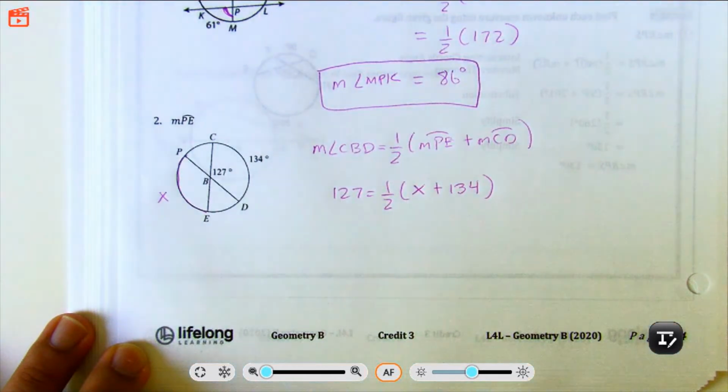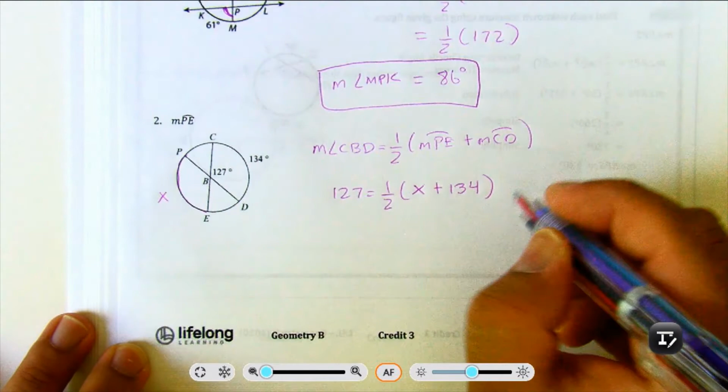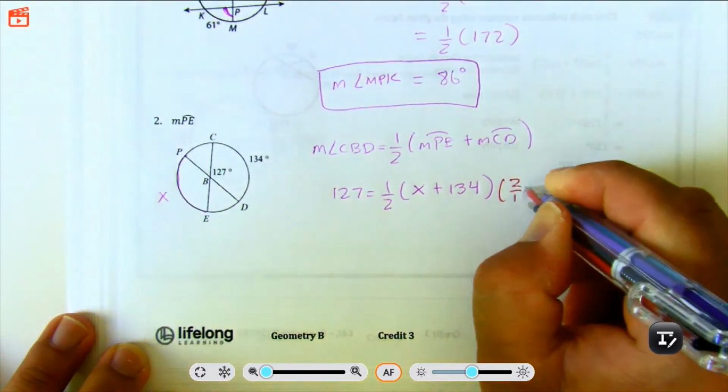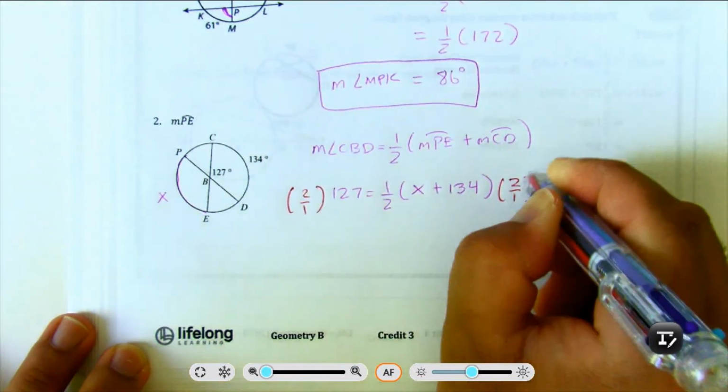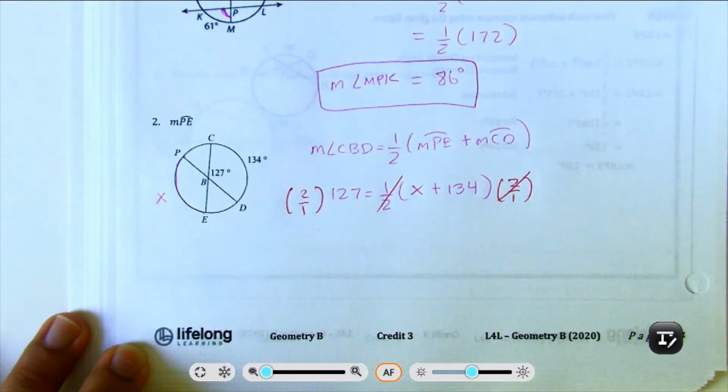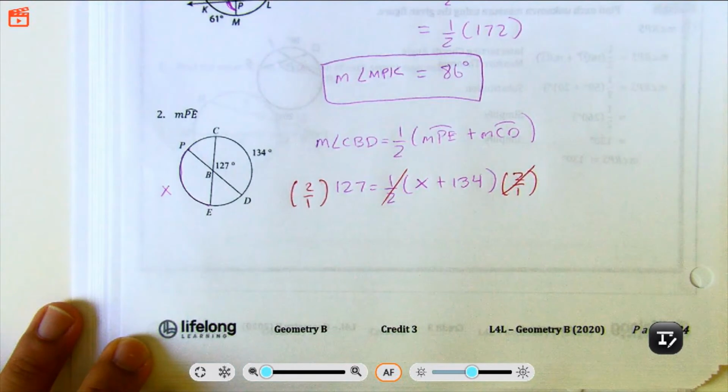So the reciprocal would be 2 over 1. So that cancels the half. 127 times 2 is 254. Is equal to x plus 134.